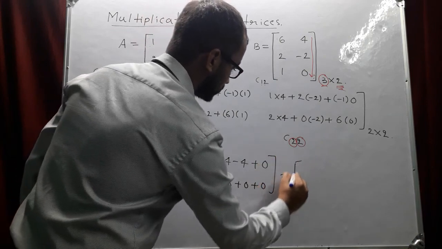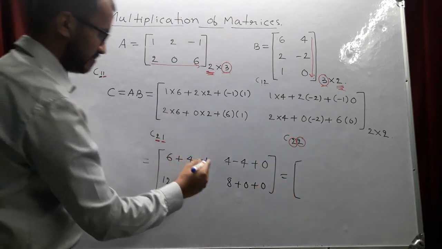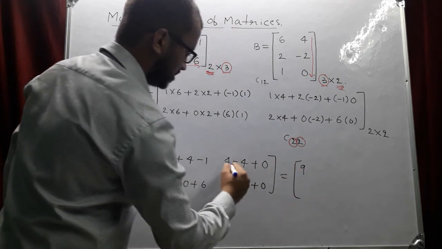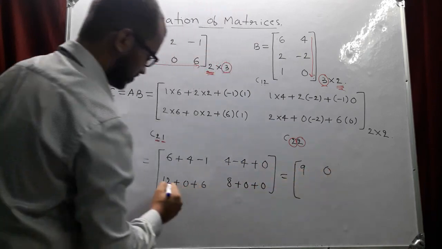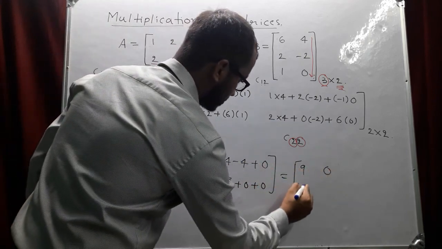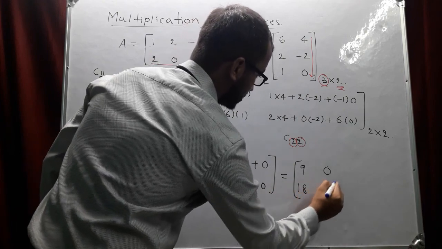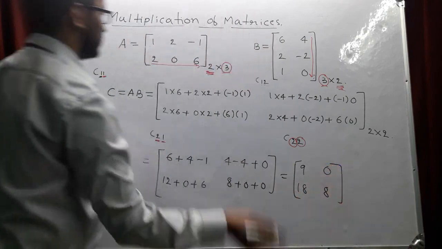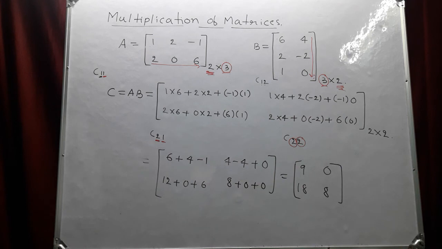So that is equal to 9, 0, 18, 8. So this is the product of the matrices A and B.